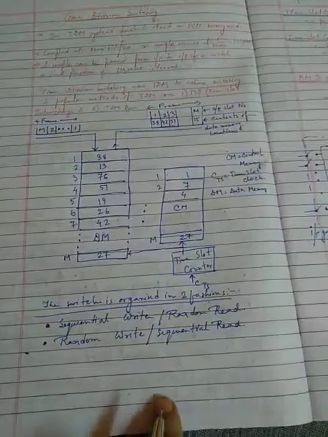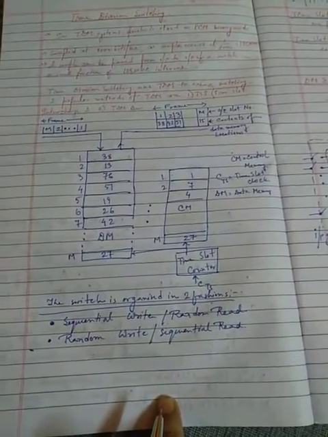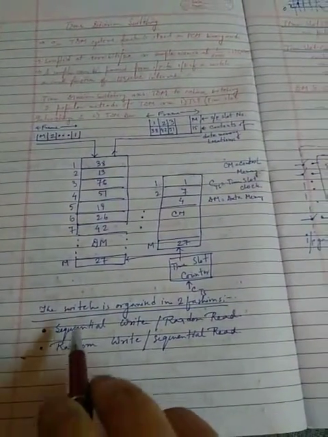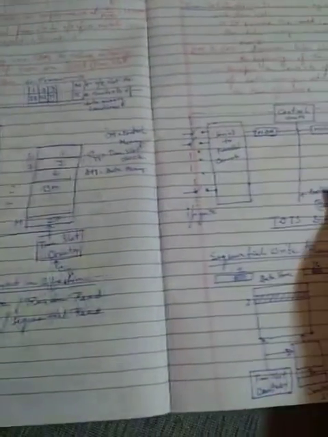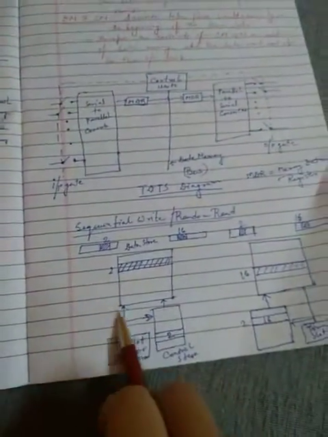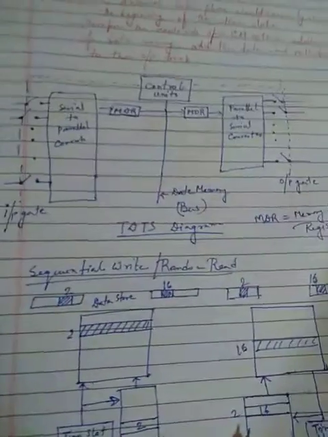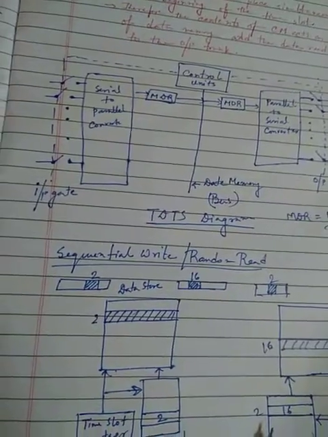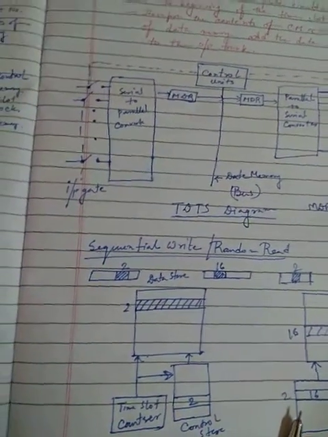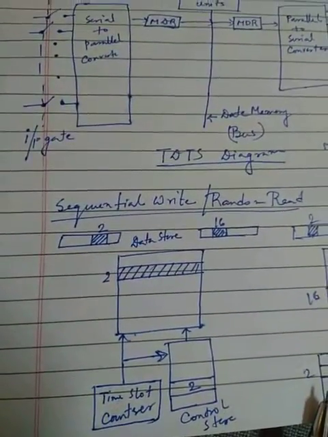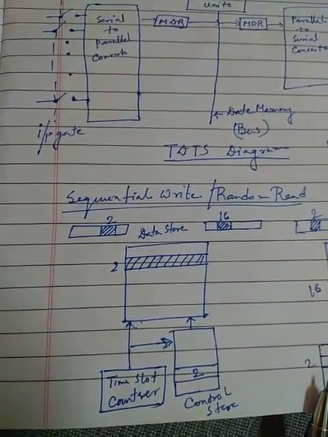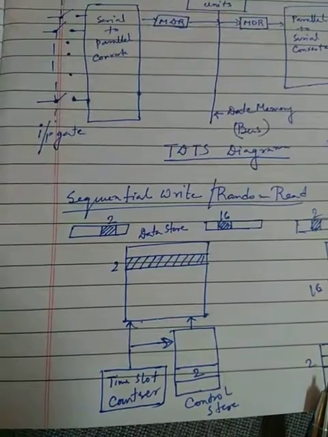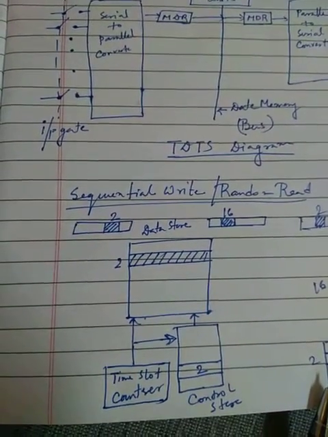So this time slot interchange can be organized in two fashions. One is sequential write and random read, and the other is random write and sequential read. Let's see how it is working. You can see this first figure. Sequential write, random read implies that specific memory locations are dedicated to the respective channels of the incoming TDM link.